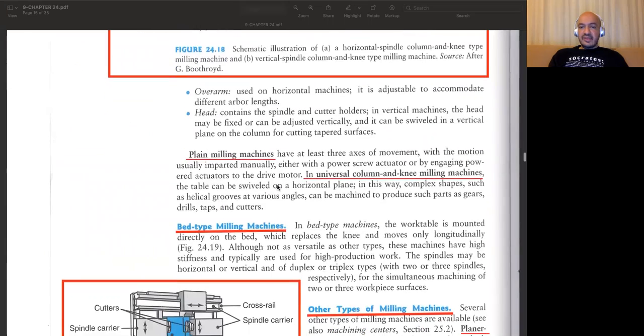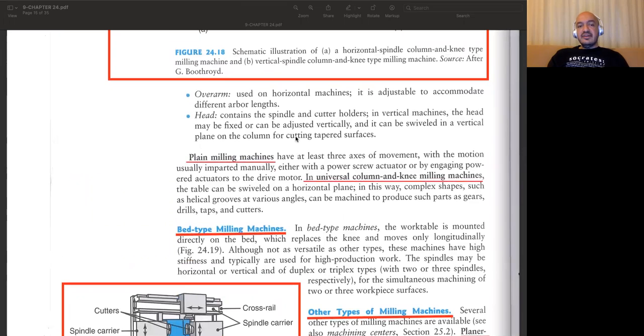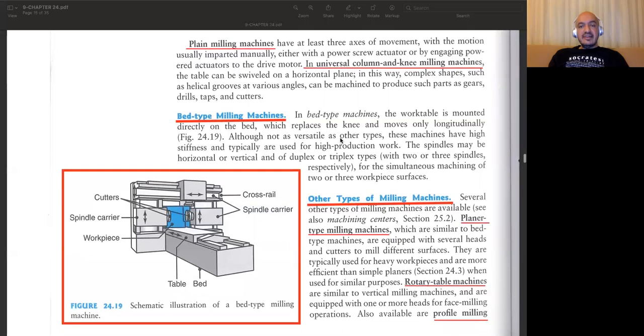Then we have some other types of column and knee type machines, but the fundamentals are the same. If you can somehow rotate your work table, then it's called a universal column and knee type machine. Then we have bed type milling machines. The fundamentals are highly similar, but these are quite larger machines.